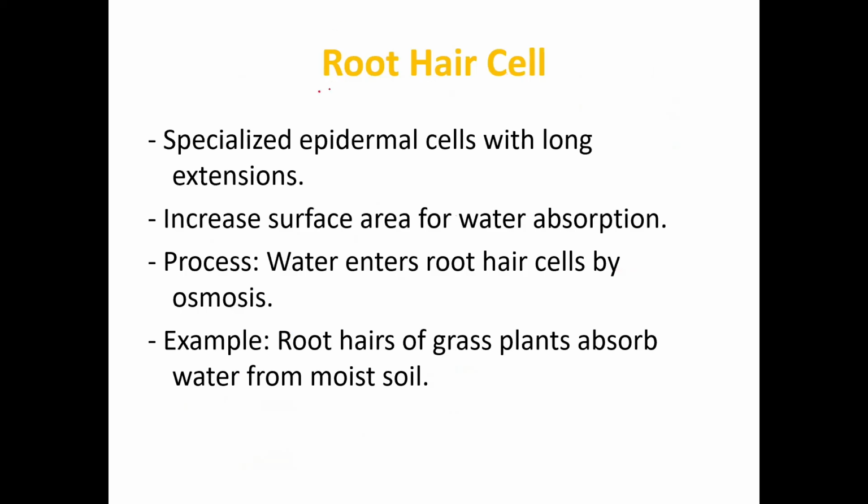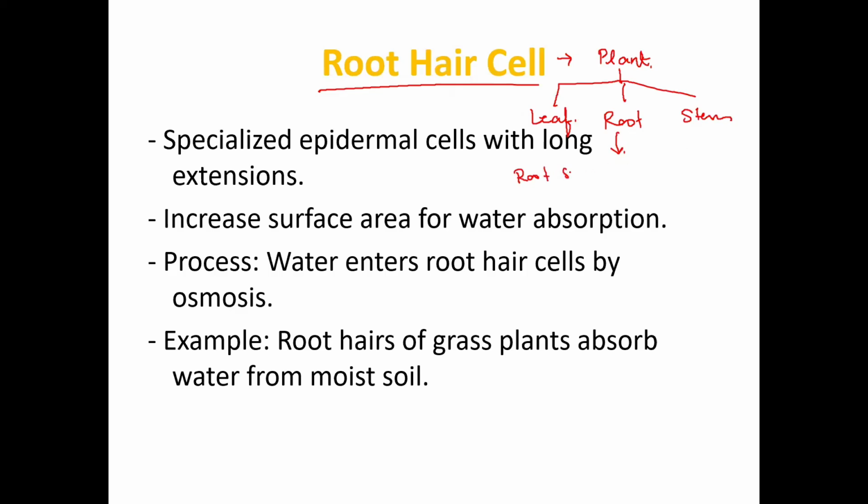Let's start with the first one, root hair cells. We know the parts of the plant. Basically, a plant has characteristic features: leaf, root, and stem. Roots make up the root system, and roots have further root hair cells.